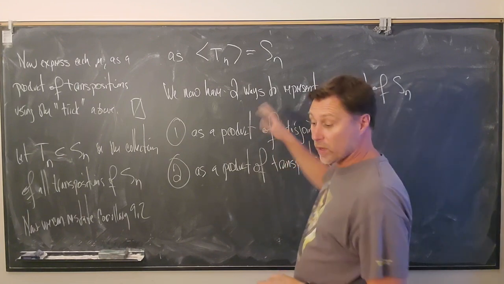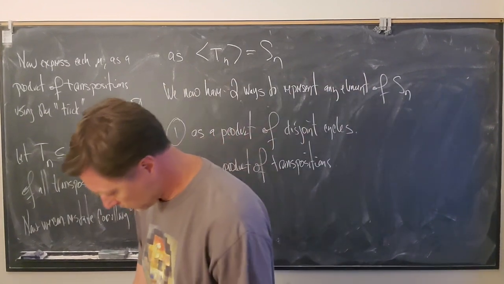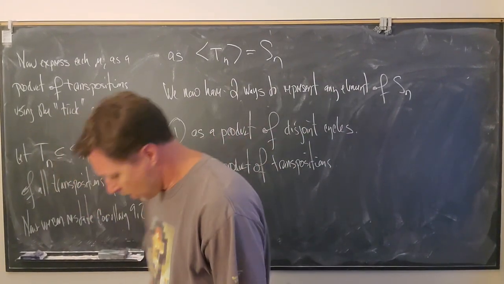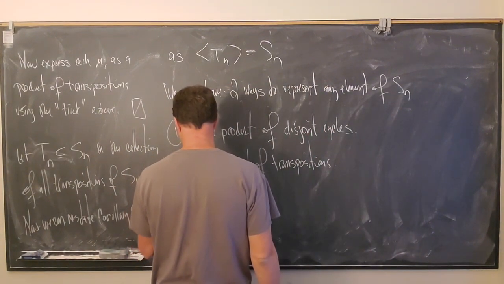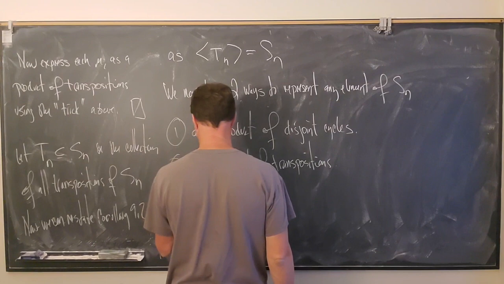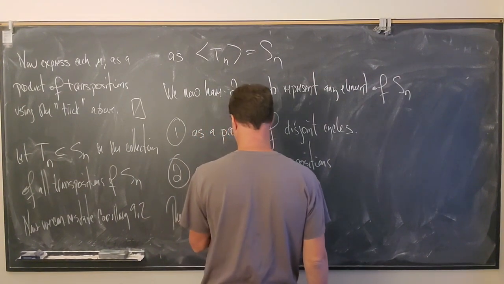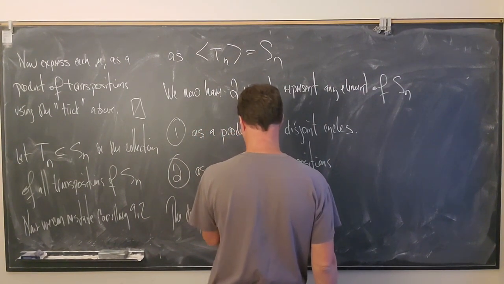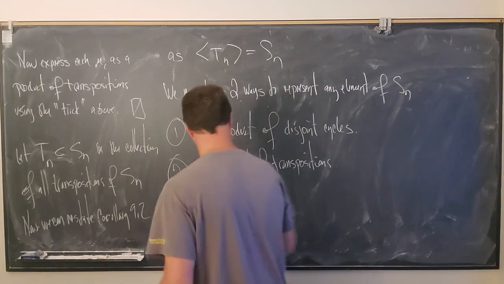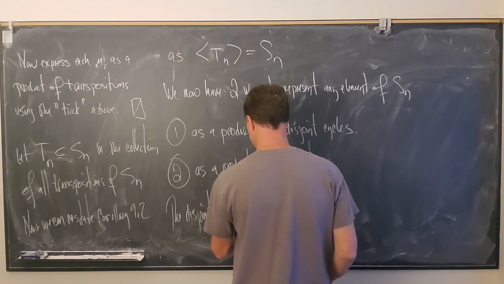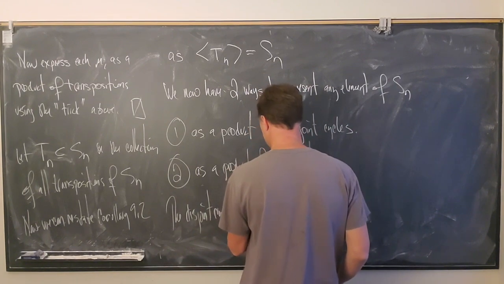Right? So each one of these can be useful depending on the setting. One thing that's true up to order, the disjoint cycle notation or representation, the disjoint cycle representation is essentially unique.